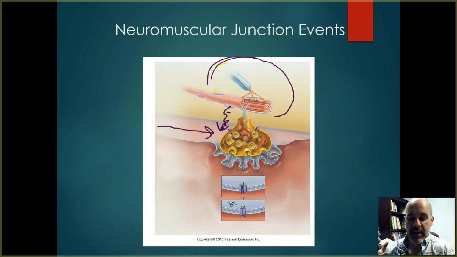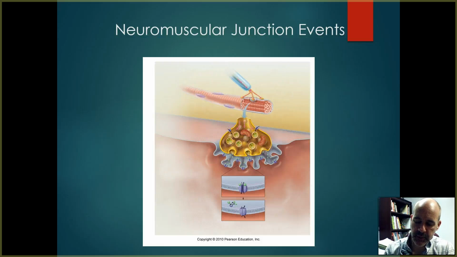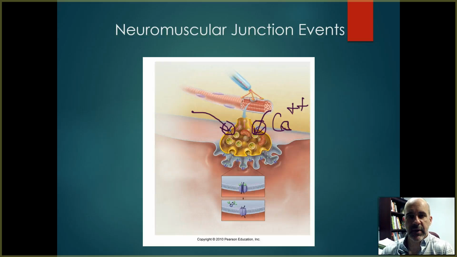Remember, that opens up calcium channels. On this diagram, these little purple things right there and right there, those are calcium channels. Calcium ions have a double positive charge. Those calcium channels let calcium come inside the synaptic knob.